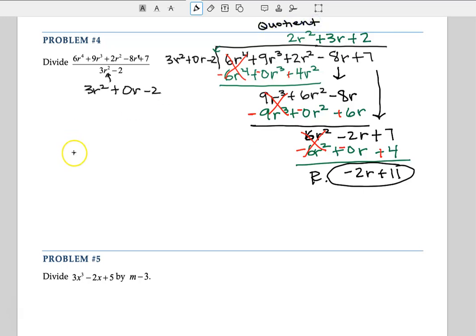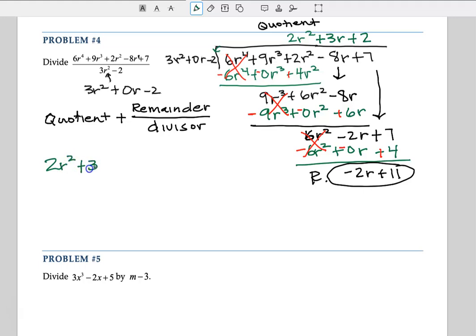So when I'm writing the answer down, it needs to be in the form of quotient plus remainder over the divisor. So when I write this down for my answer, I'm going to have my 2r squared plus 3r plus 2.